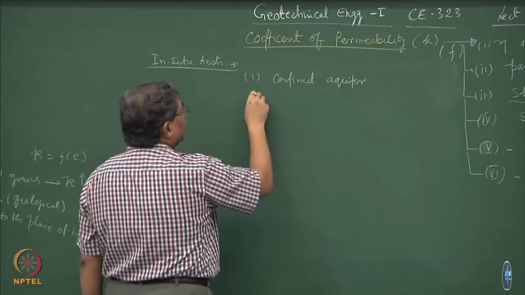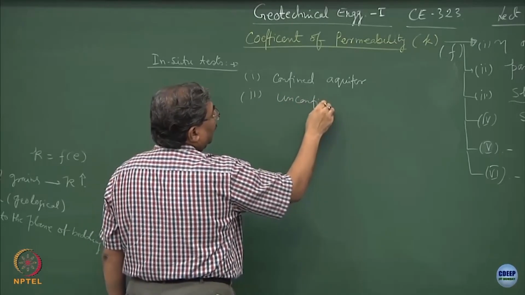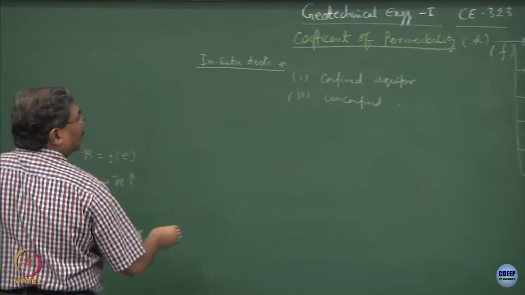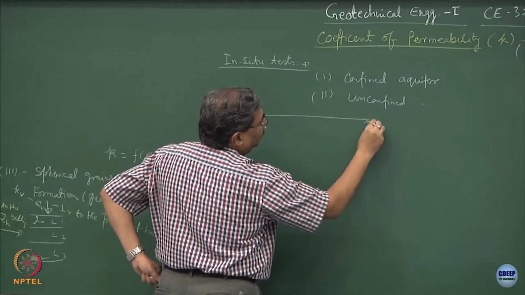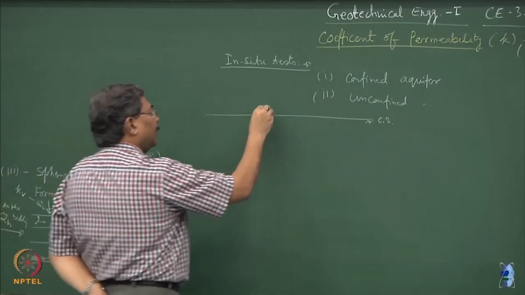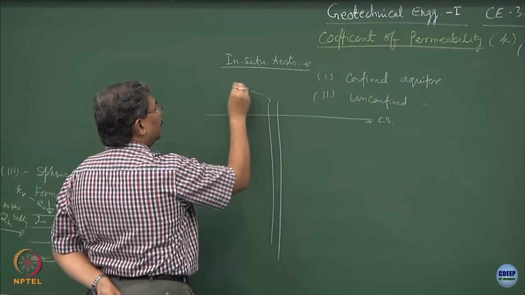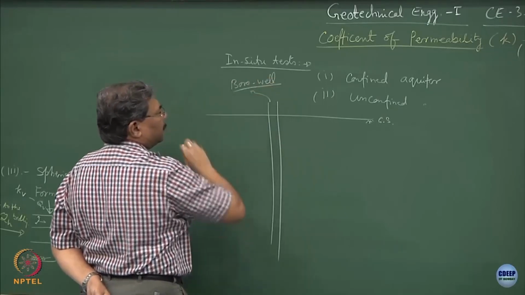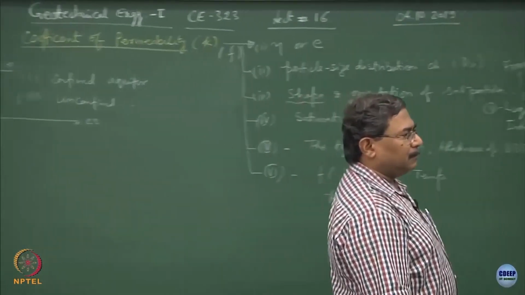And the second one is the unconfined aquifer. So, by definition, suppose this is the ground level and if I drill a well, this is a bore well. Sometimes people also term this as a tube well. It is basically a bore well.